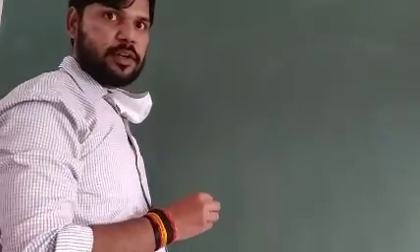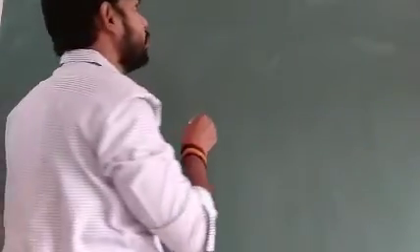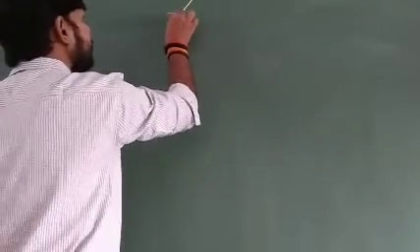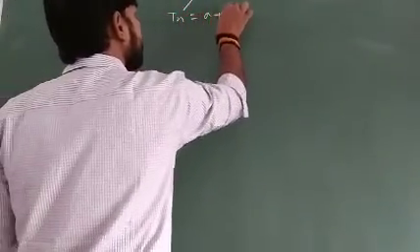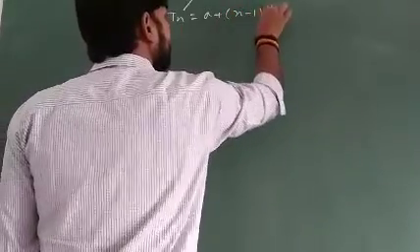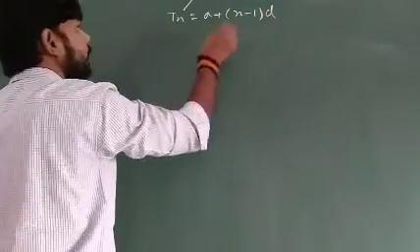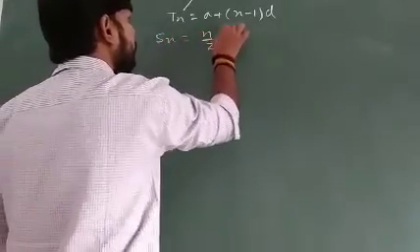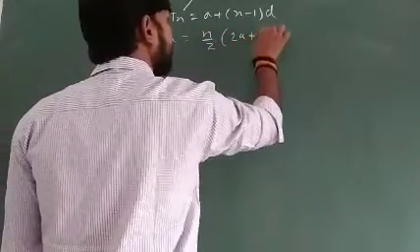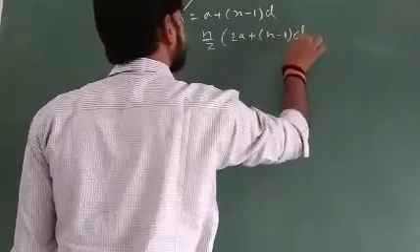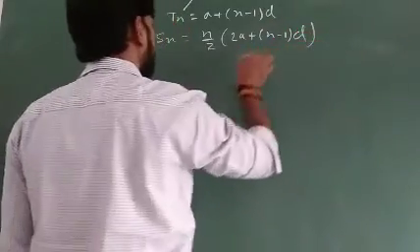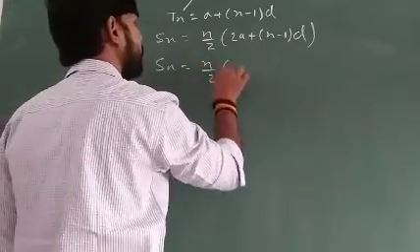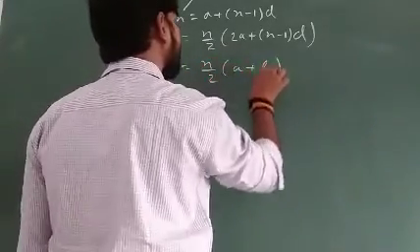Let me focus once again on all the formulas and concepts of the topic. For AP, we have the nth term Tn as a plus (n minus 1) into d, and Sn equals n by 2 into (2a plus (n minus 1) into d), and Sn equals n by 2 into (a plus l).